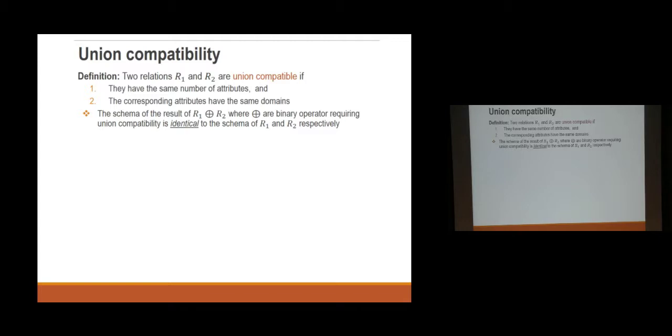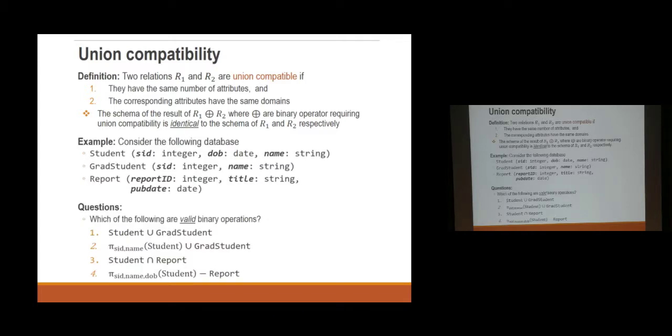Okay, you cannot have mismatched attributes. That's basically what this is. So an example. Consider three cases, and then which one of these are actually valid binary operations? Okay? To be valid, it must be union compatible.